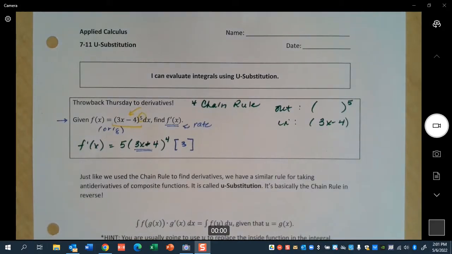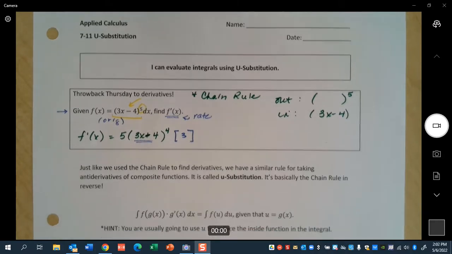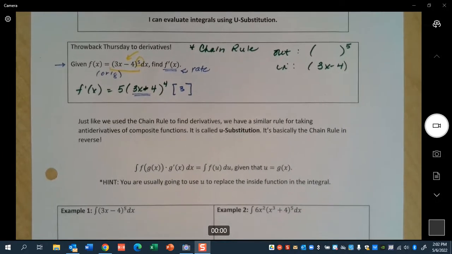All right. So just like we had to use that chain rule to account for the different layers of what was in our original function, we have to figure out how to do that backwards when we integrate. So far the things that we've been able to integrate have had to be kind of simple.